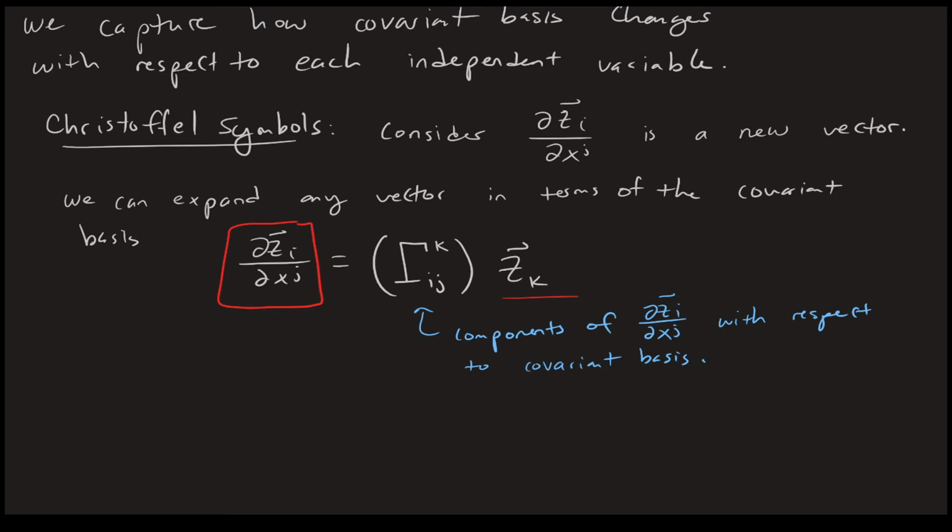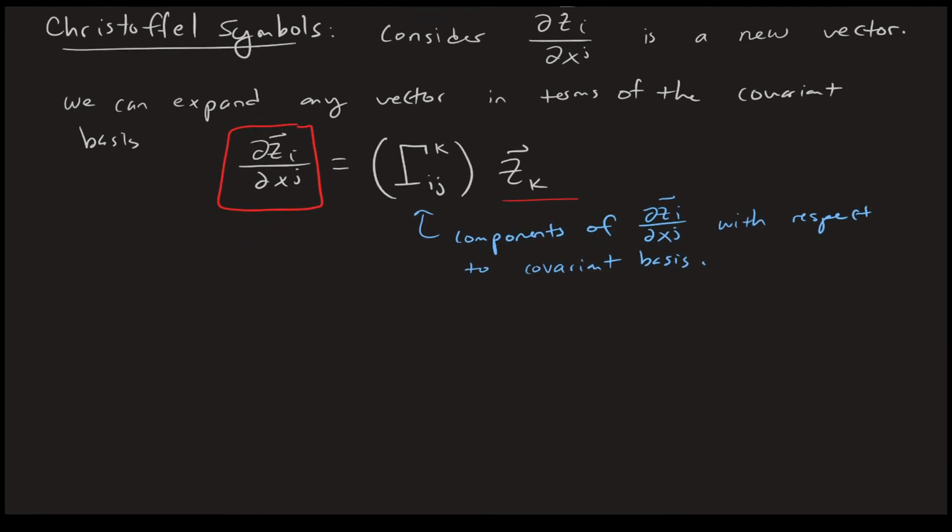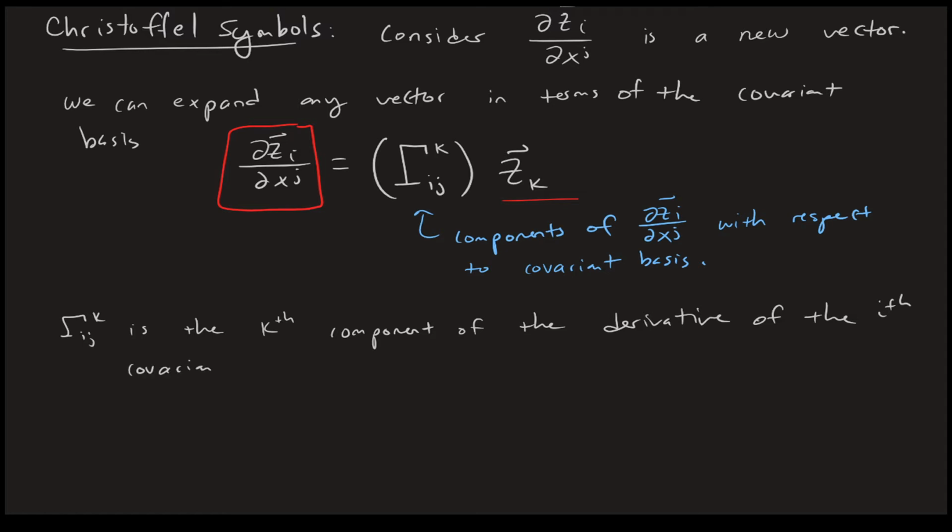So more in layman's terms, gamma ij down, k up is the kth component of the derivative of the ith covariant basis vector with respect to the jth coordinate.